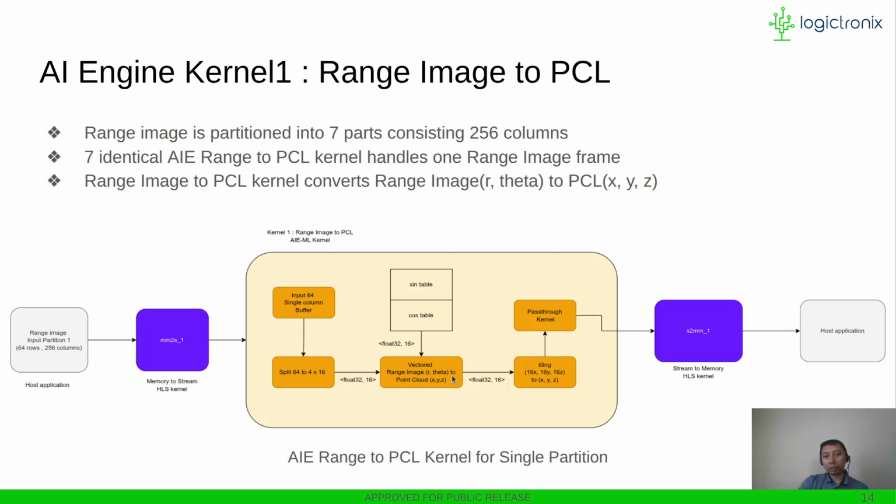After that we receive the vectored output, and we do the memory arrangement for this vectored output using tiling parameters, and pass the output through the stream interface. And for the host application which is running on PS, we use the HLS stream to memory kernel to memory map those streams to the PS host memory devices.